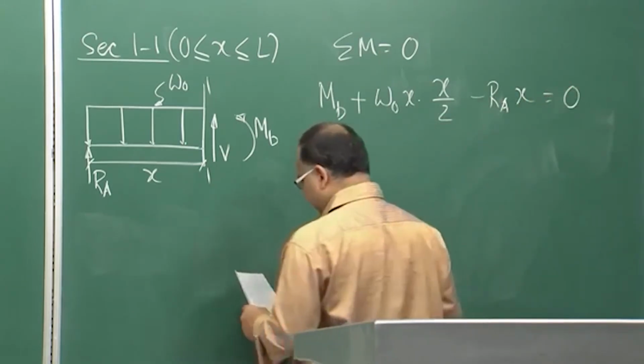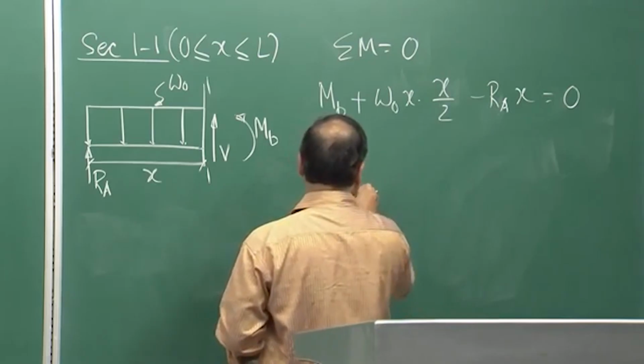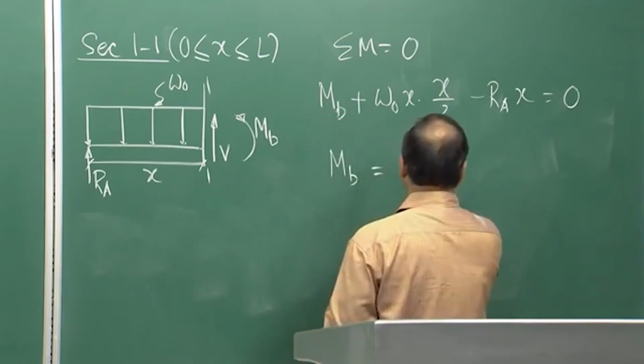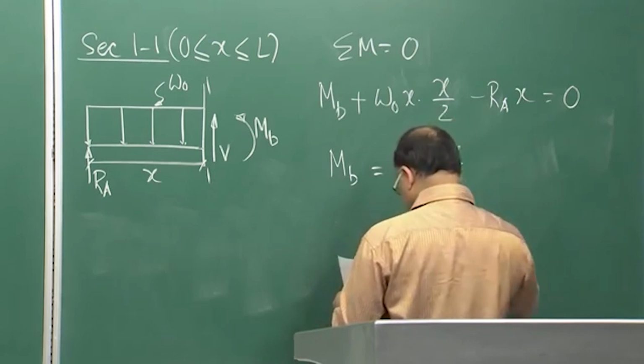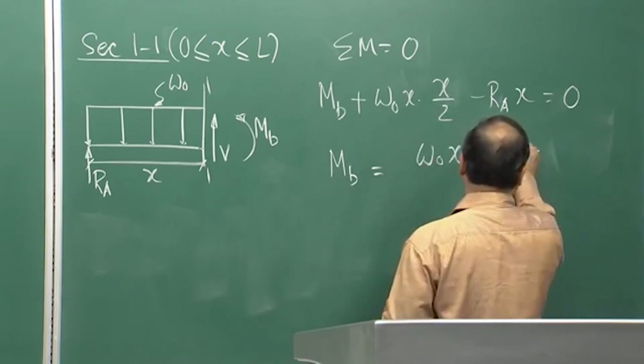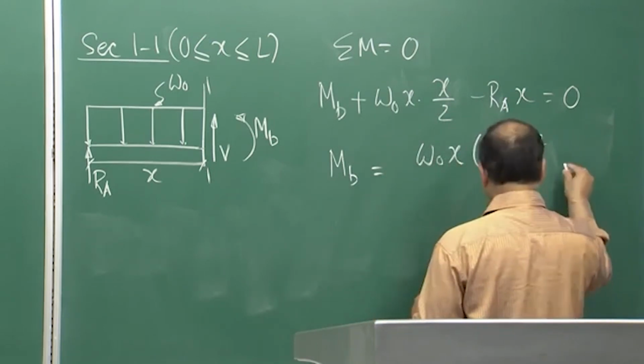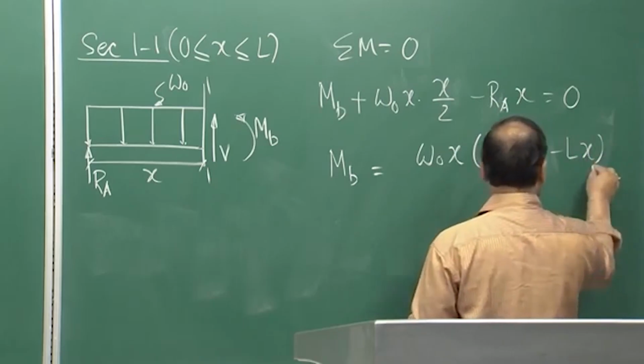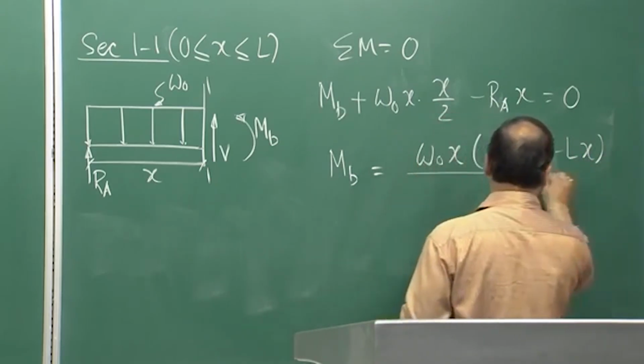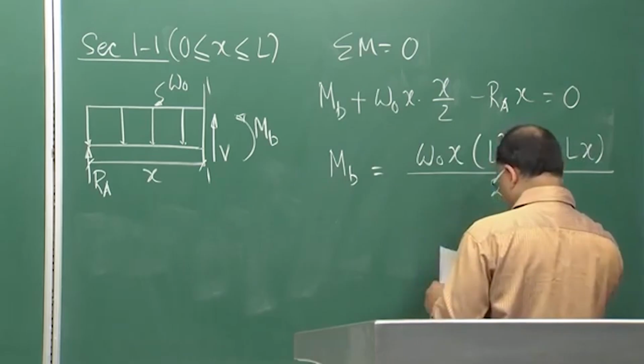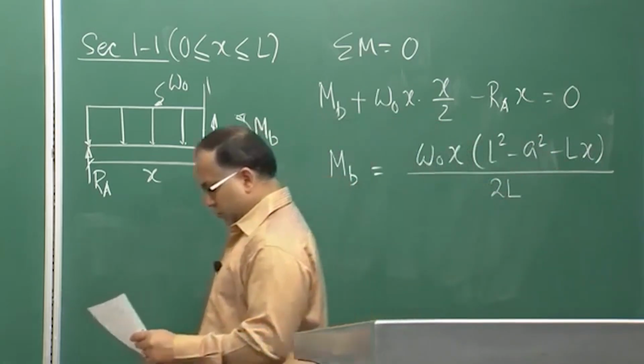Okay. So, from this I can get M B equal to W naught x (L square minus A square minus L x) by twice L.